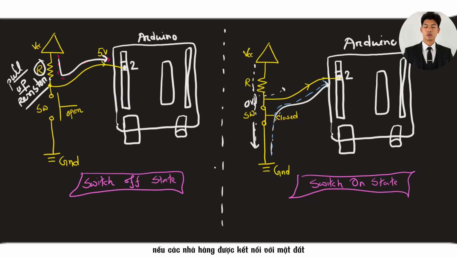If the resistor was connected to ground, then it would have been a pull-down resistor. Arduino has a built-in pull-up and pull-down resistor connected with these digital input pins. We'll see that later, but for now, we will try this circuit and try to see if the switch operation can be detected using a program.